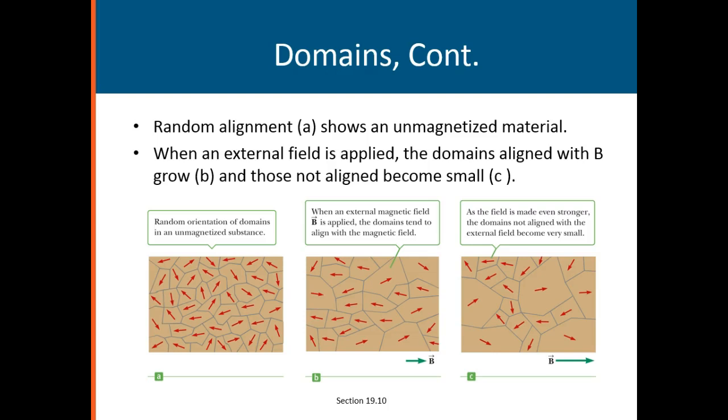If that's a bigger domain, that is indicating a stronger magnetic field this way, and that one's that way, that one's this way, this one's that way. The bigger ones are in this direction, the small ones are counter to that. Over here, more and bigger ones in this direction, fewer and smaller ones counter to that. The stronger the field, the stronger the induced magnetic field in those domains.